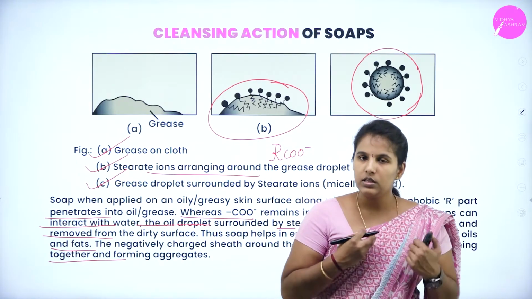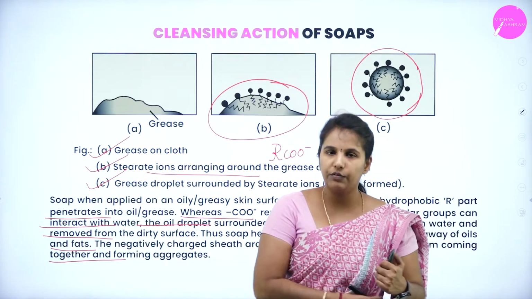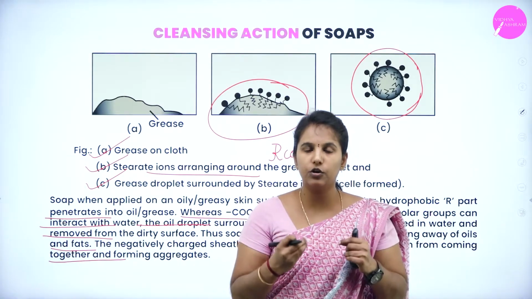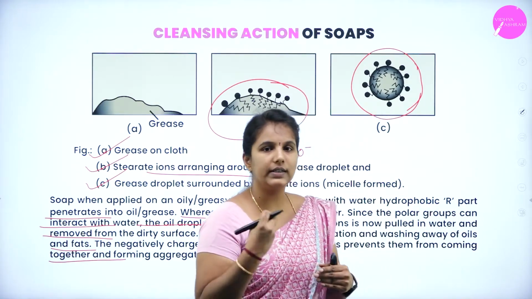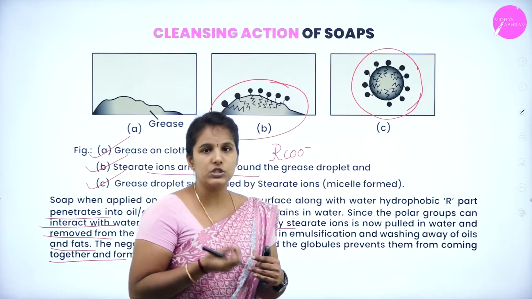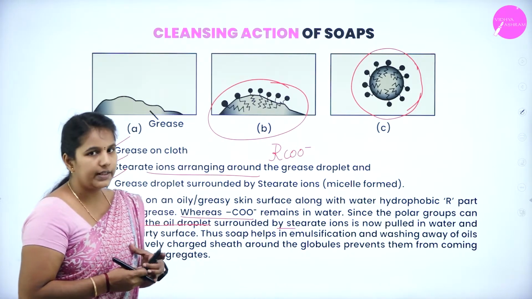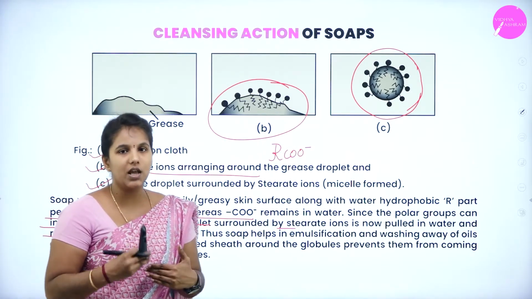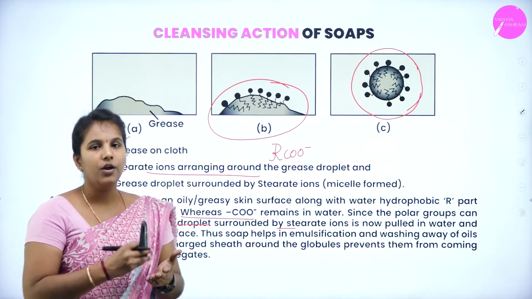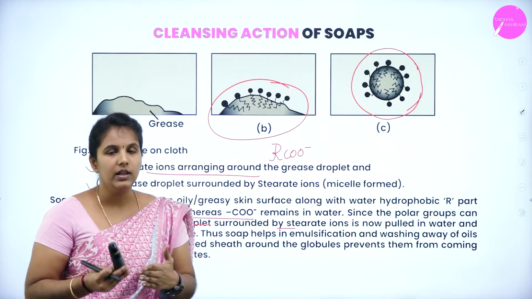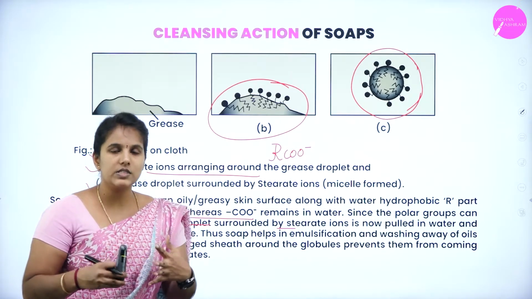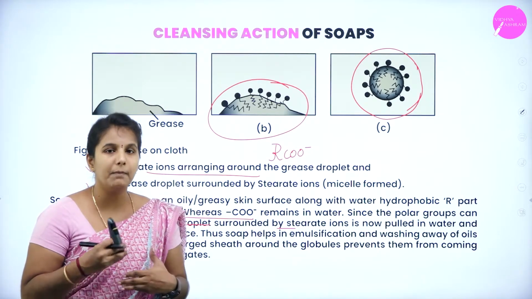So what is the first process? In the first step, when you dip the cloth in the soap water, we know that in the water we have dissolved the soap. So what will the soap do? In the first step, it will release a stearate ion. This stearate ion goes and binds on the surface of the oil and dirt on your cloth. In the third step, that stearate ion forms a micelle.